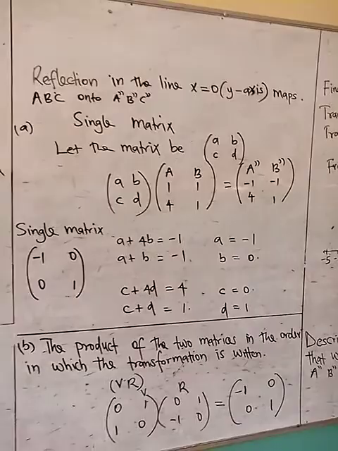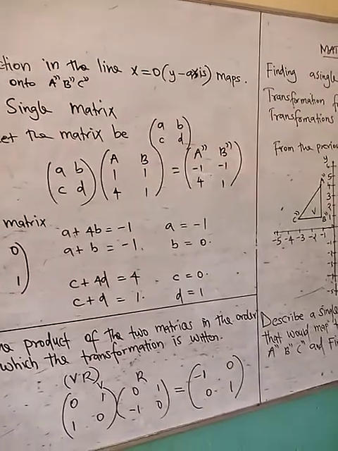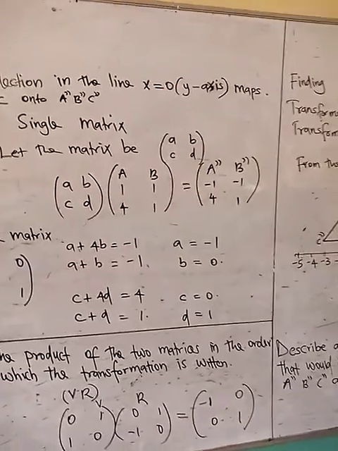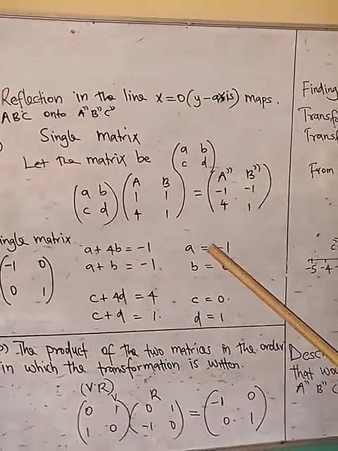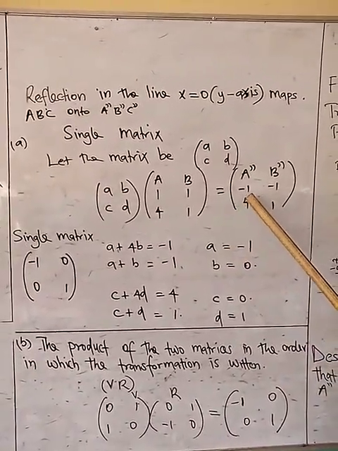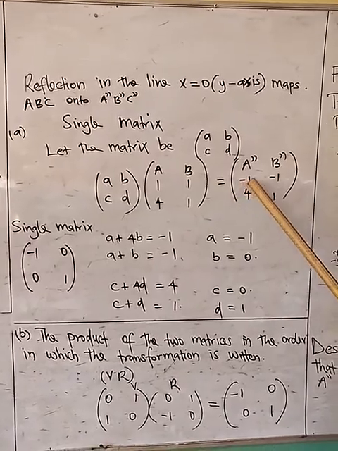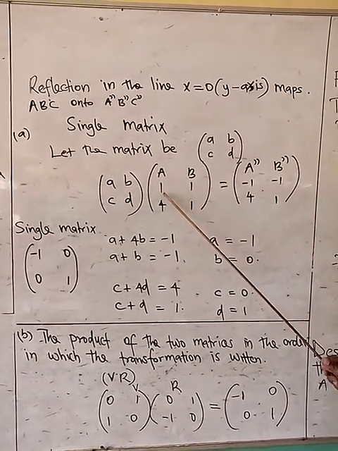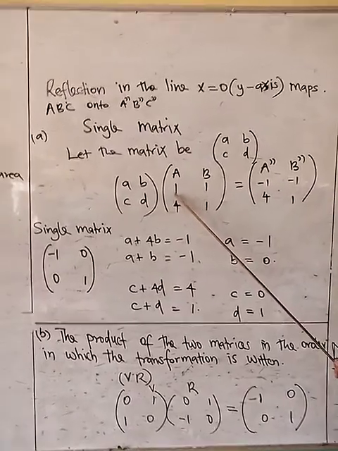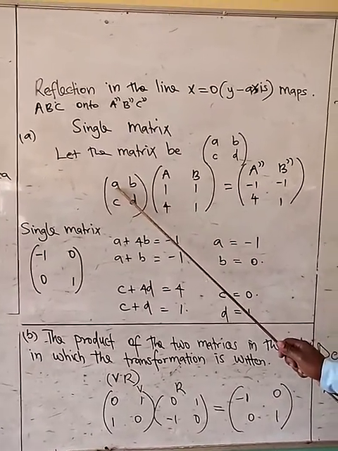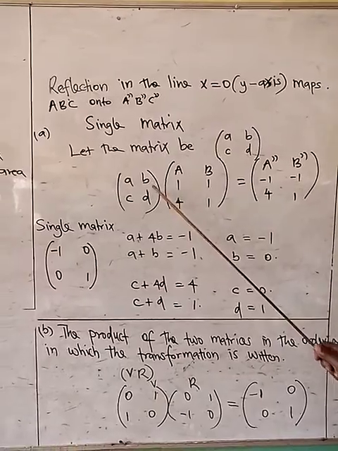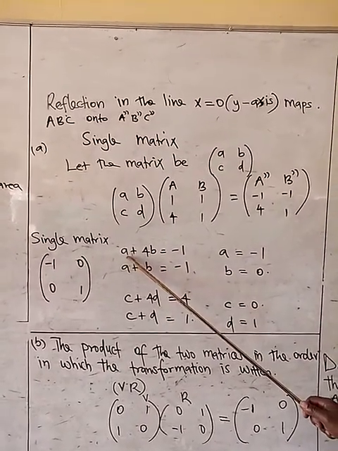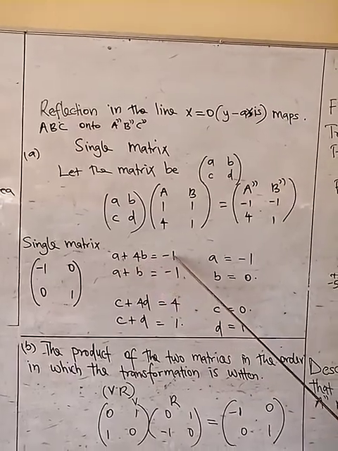Once we have used those two coordinates, to get the image of A double prime we do simple multiplication: A times 1 plus 4 times B is equal to -1, so we have A + 4B = -1.